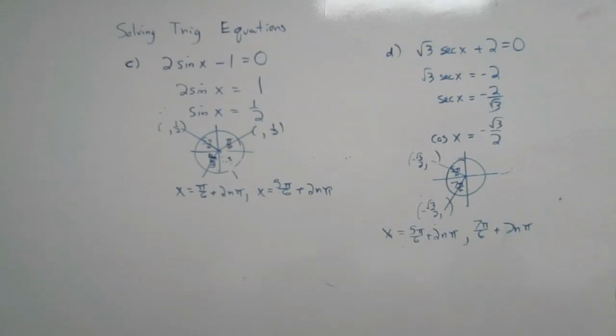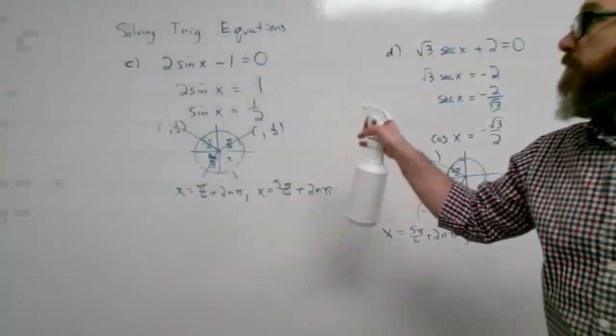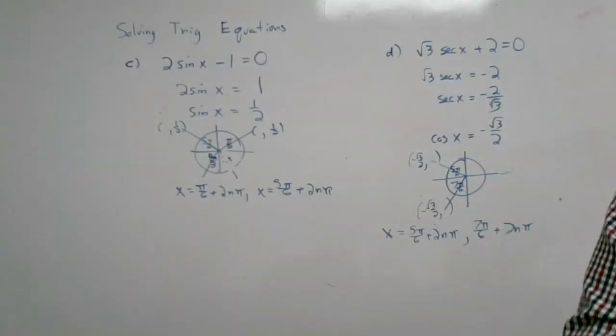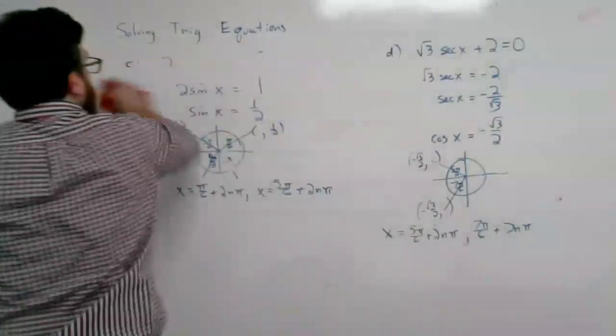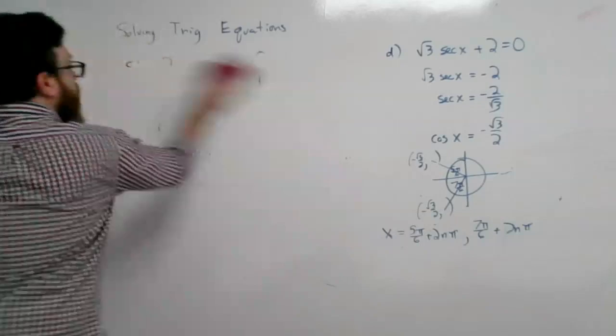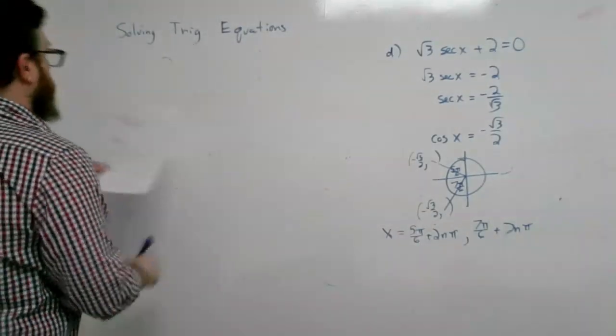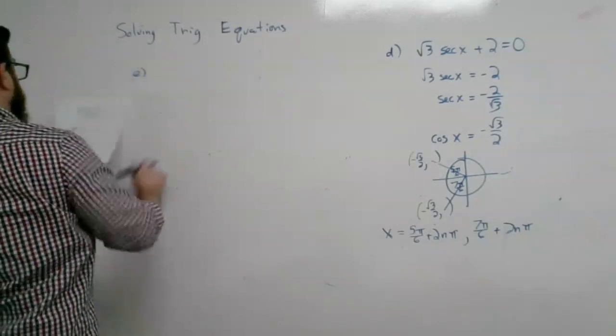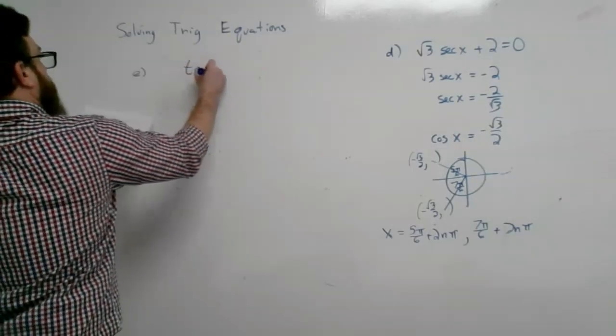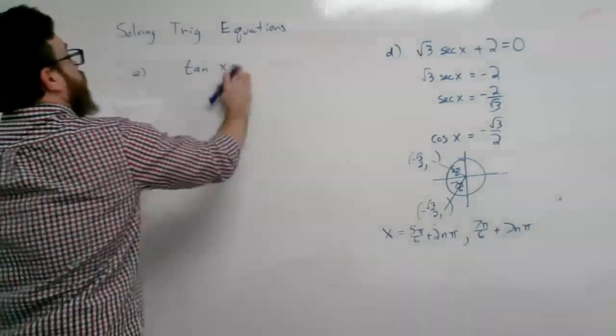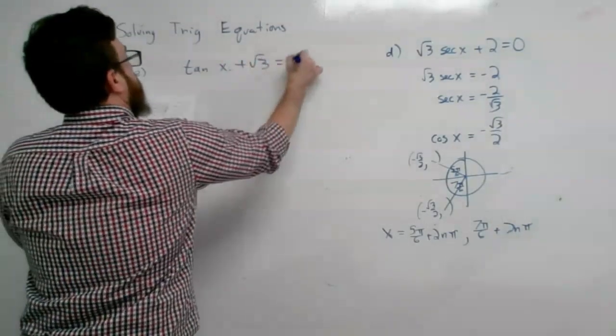Tangent function. Solve the tangent of x plus root 3 is equal to 0.